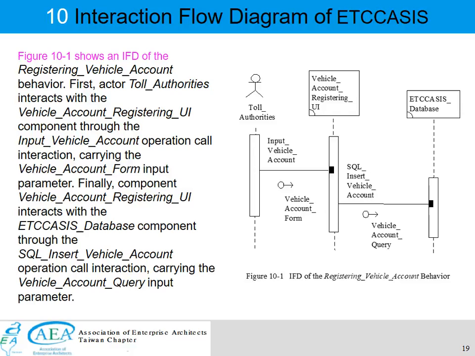There are 2 interactions in this IFD. The first one is the toll authority actor interacting with the vehicle account registering UI component. The second interaction is for the vehicle account registering UI component to interact with the ETC cases database.